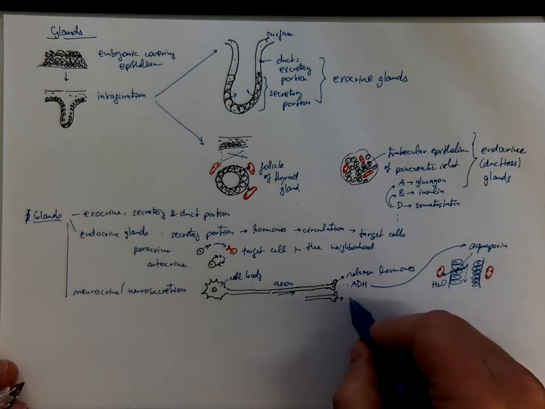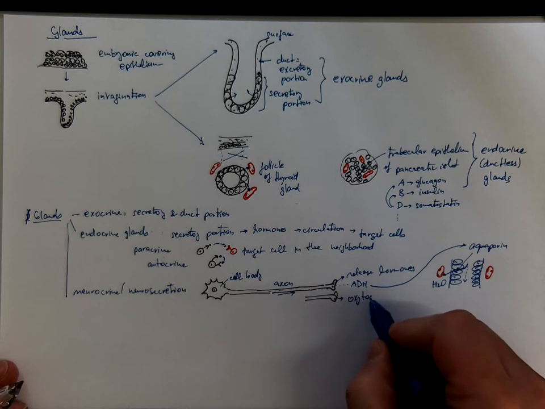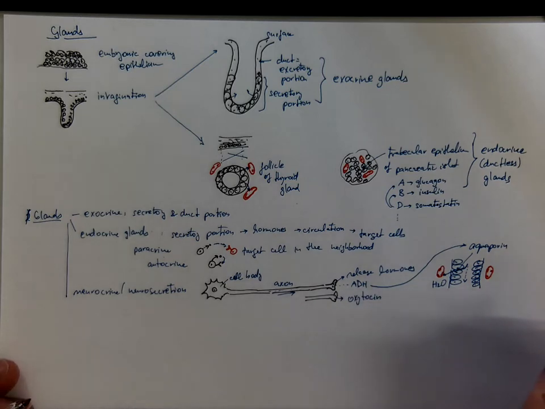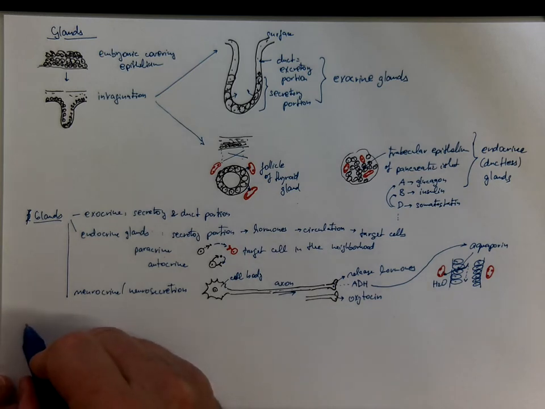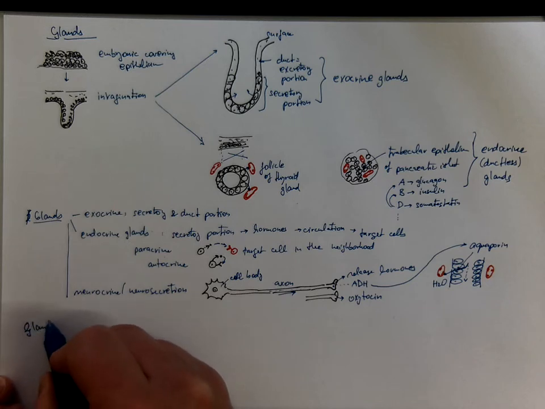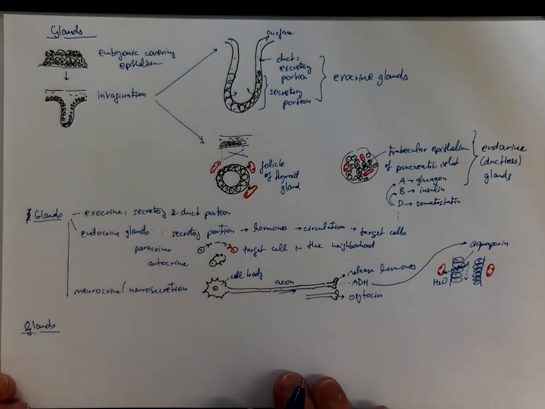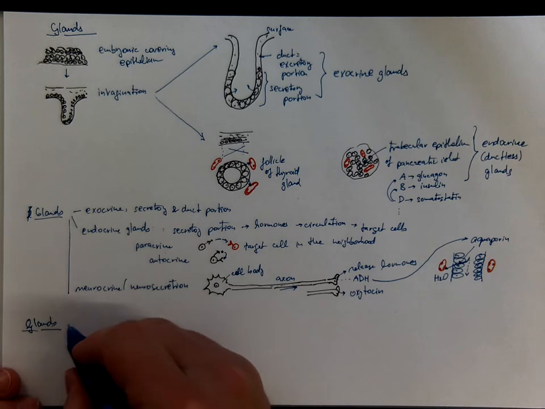Another example would be oxytocin, a peptide hormone that triggers the contraction of smooth muscle in the uterus or in the breast gland. Another point of view on the classification of glands depends on how many cells there are in the gland.